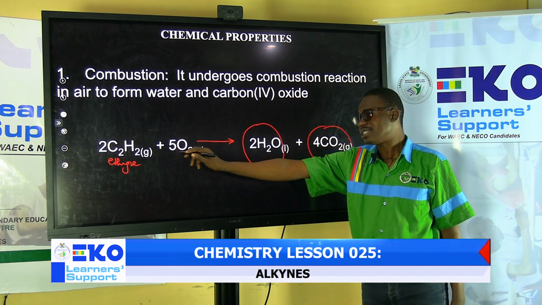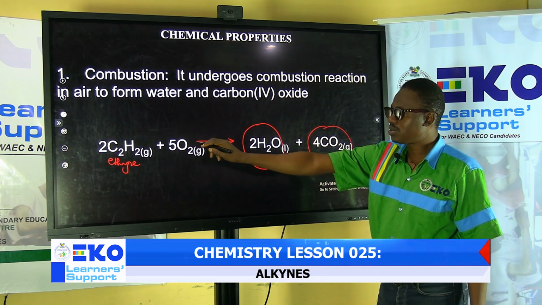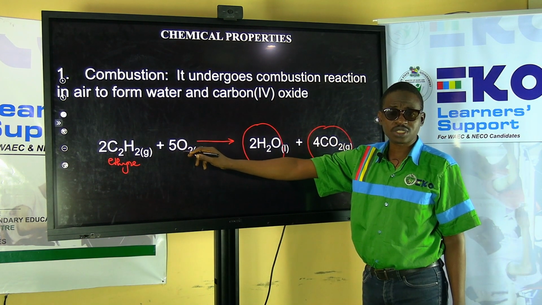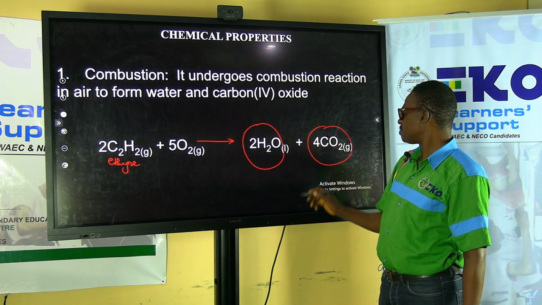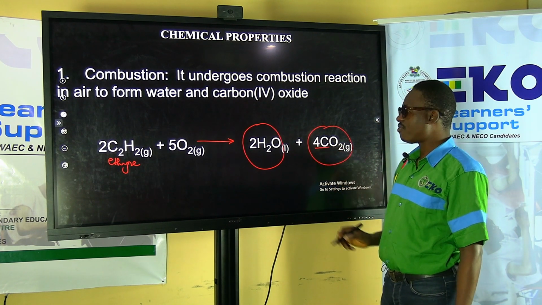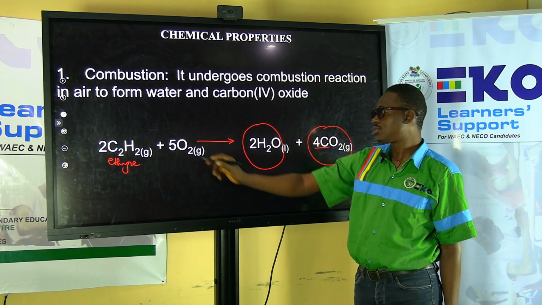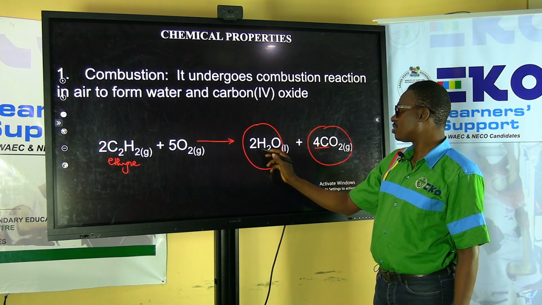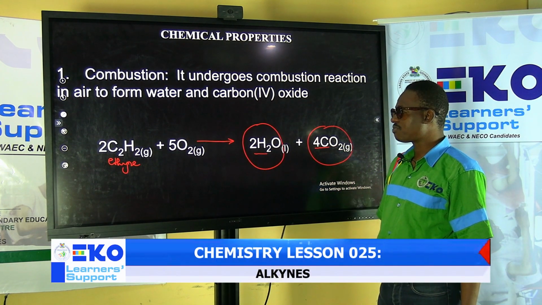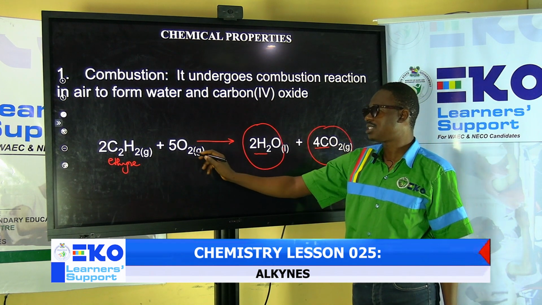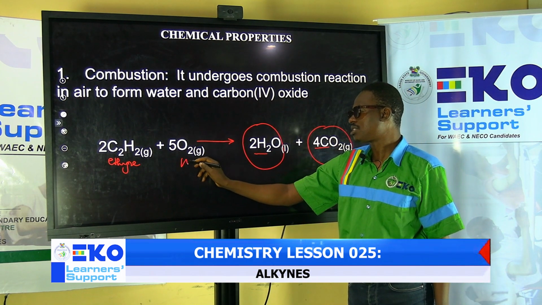When you look at the carbon there, it's 2 with the coefficient of 2, so 2 times 2 will give you 4. In this particular case, 2 gives 4. Then when you look at the hydrogen, 2 times 2 will give you 4. Then when you look at the oxygen, 5 times 2 will give you 10.